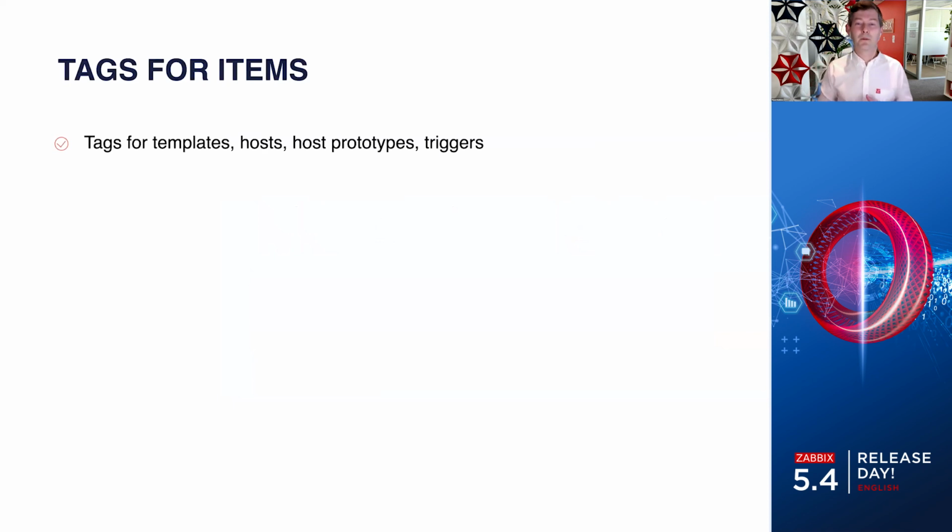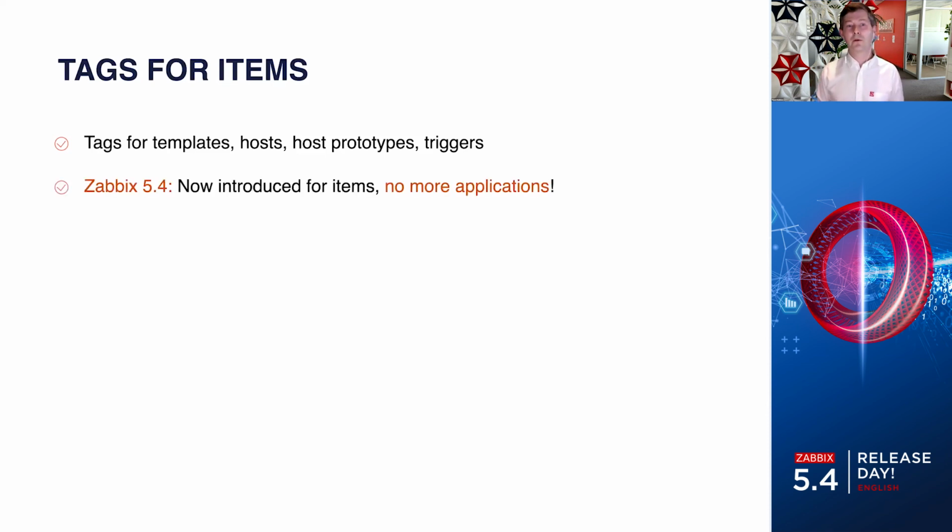So, tags for items. What does it mean? Well, in Zabbix, we already support tags for almost all essential objects like triggers, host prototypes, and templates. Tags are everywhere. Now we introduce tags also for metrics, for items. And what we did, we actually replaced applications, the item level application, with tags.